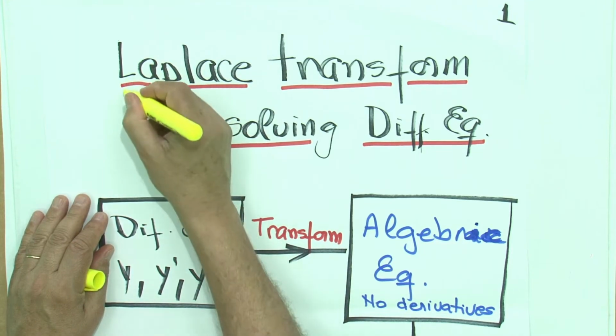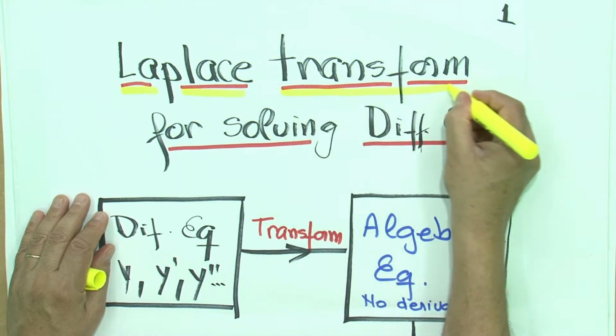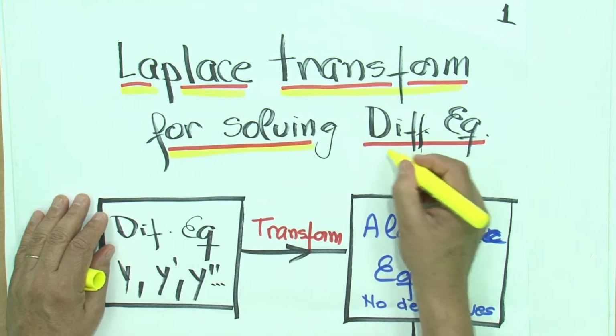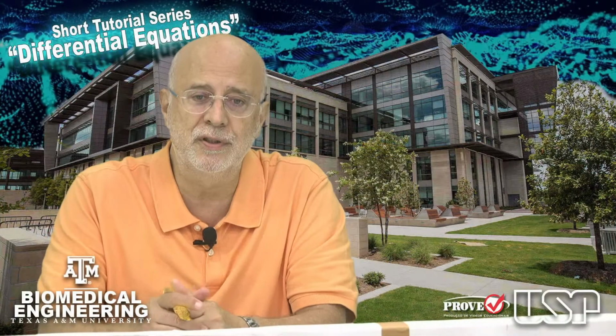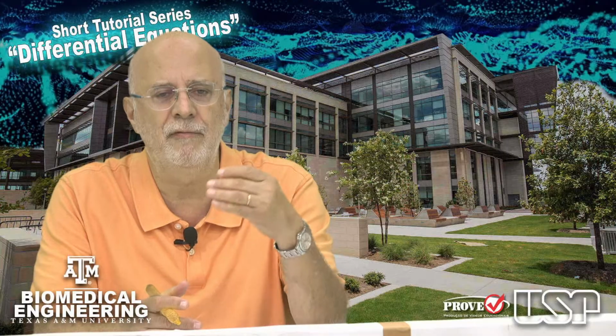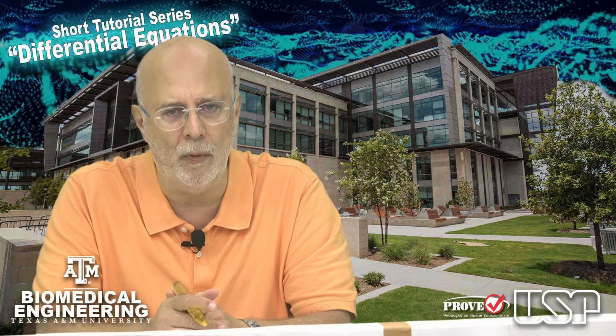Everybody has heard about Laplace, a very famous mathematician, and we all learned in calculus about the Laplacian and things like this. But Laplace proposed a way to transform a function into another function. This is very common in mathematics.